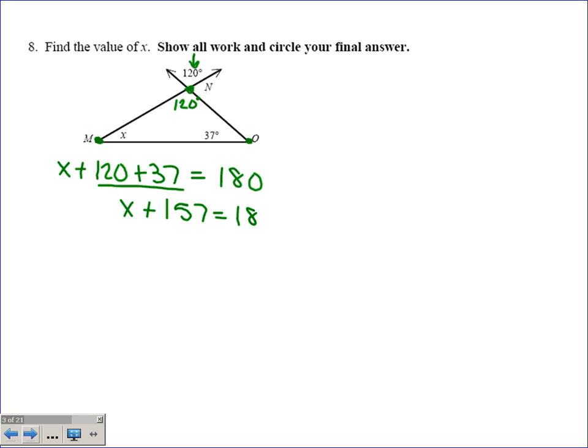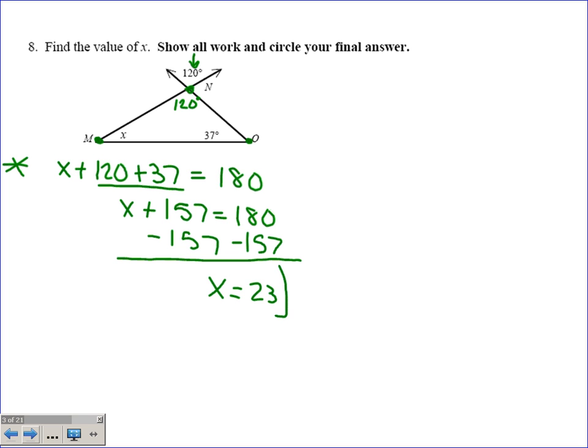How do you solve for x then? Subtract 157. Again, this is what the best students will do: they'll actually set up an equation and solve the equation. That's really what I'm expecting you guys to move to. What does x equal? 23. Okay. I'll give 1 point for 23. X equals 23 or 23 degrees would probably be a better answer here.